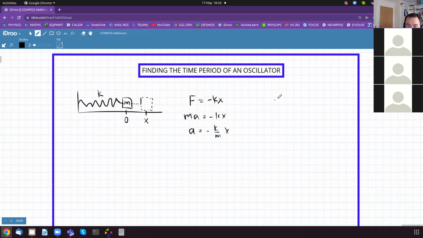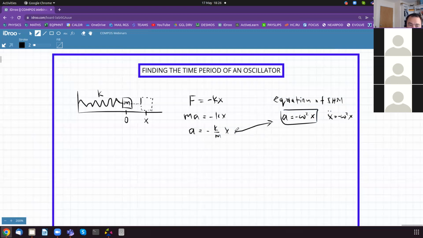Now we know the equation of SHM is a equals minus omega squared x, or x double dot is minus omega squared x. It's the same thing, so it doesn't really matter which way you write. Now, all we need to do is compare these two equations, and we see that omega squared is k over m.